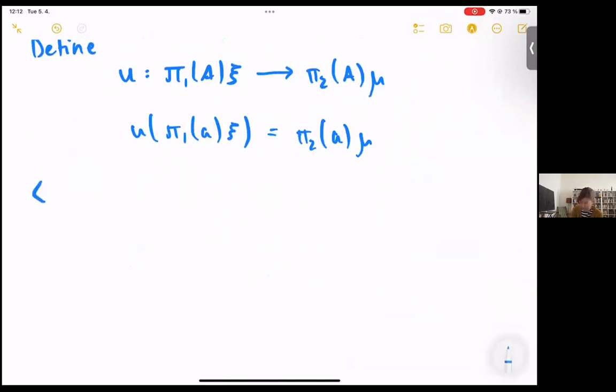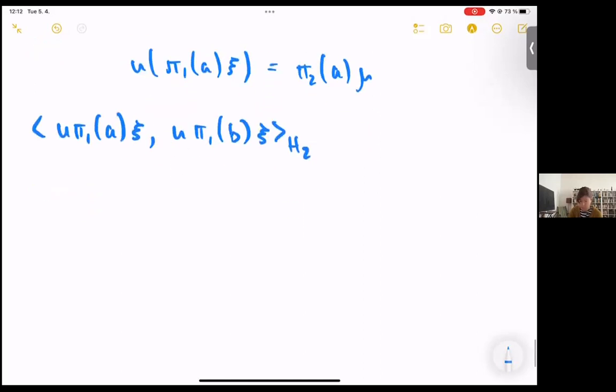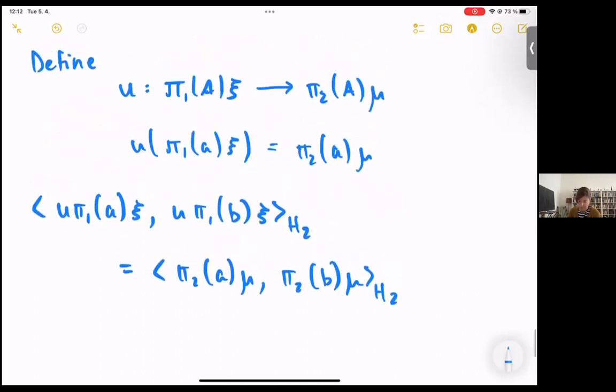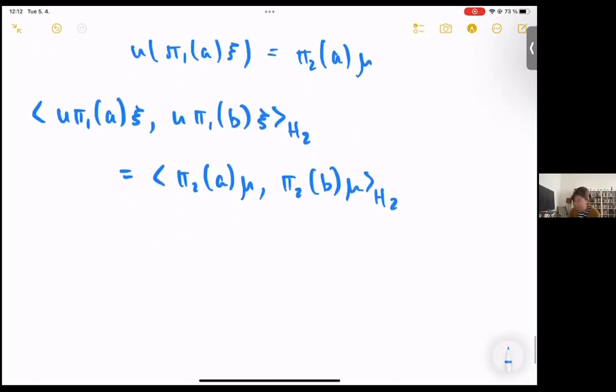So we see that u pi 1 a psi, that's just by how we defined u.